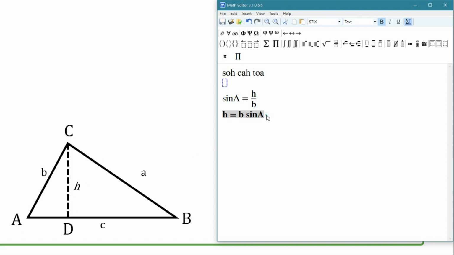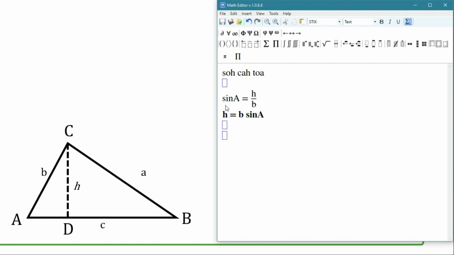Let us now go with the second right triangle, that is right triangle CBD. So how are we going to represent again the measure of h using the angles and the sides of the oblique triangle? Prior to angle B na tayo. Since prior tayo kay angle B, si h pa rin yung magiging opposite side natin at si a naman yung magiging hypotenuse.